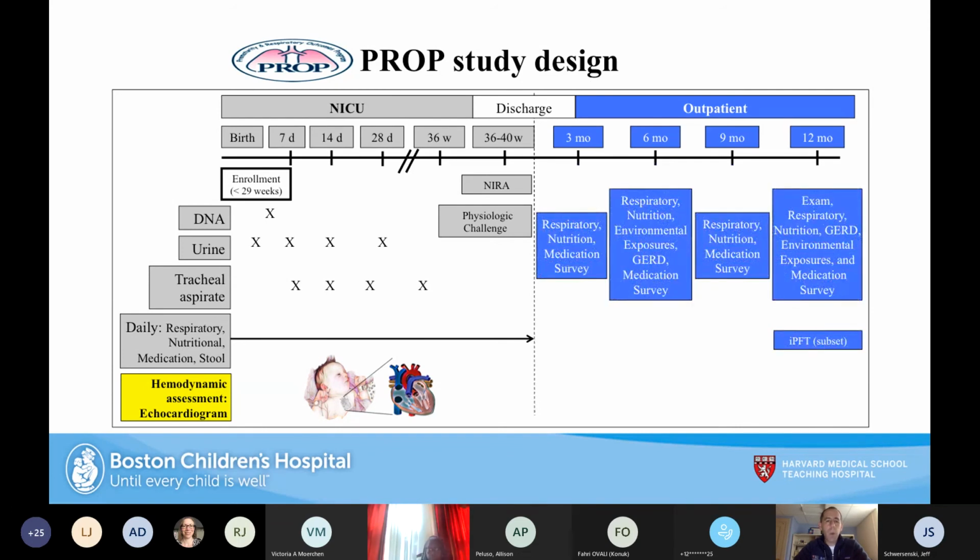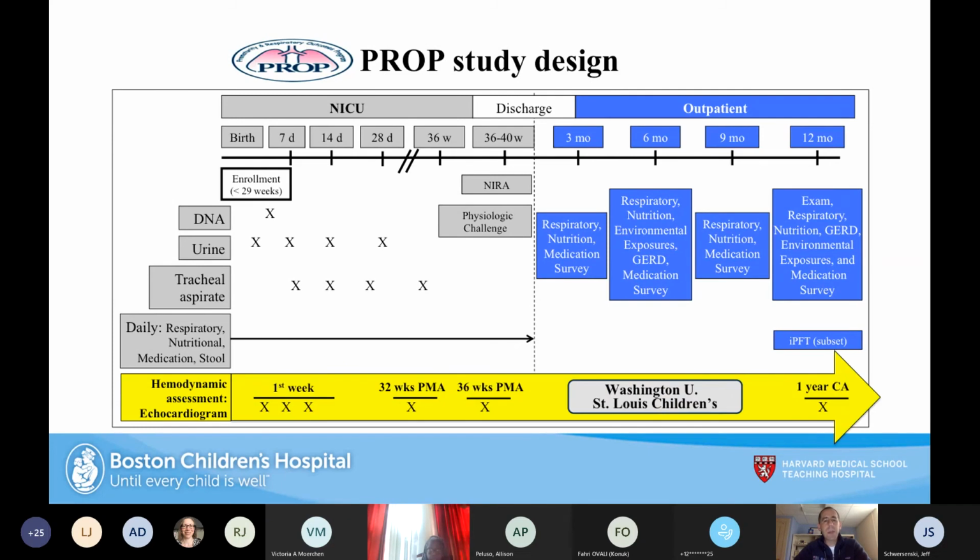And finally, at WashU in St. Louis, where I had the fortunate opportunity to train and work in my early years, we did hemodynamic assessment with echocardiograms at multiple time points over the first year of age.